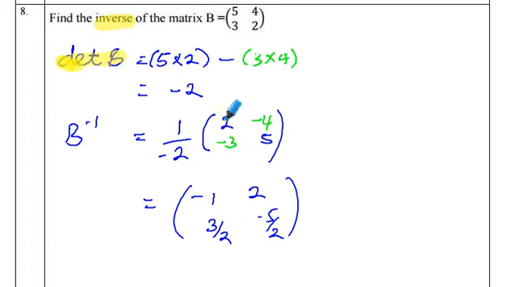So minus a half times minus 4 is 2, minus a half times minus 3 is 3 out of 2, minus a half times 5 is minus 5 out of 2. Please feel free to use your calculator here. I know some of us are being disturbed by this minus sign, so use your calculator to get the right answer there.